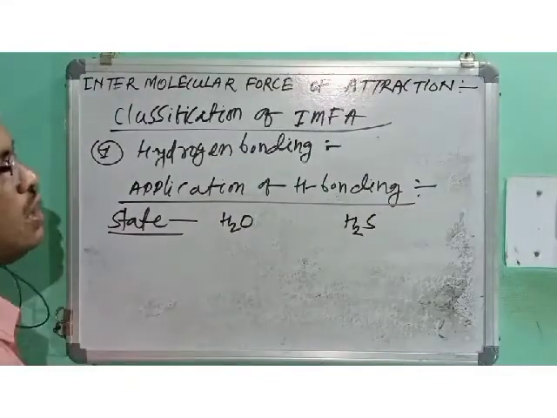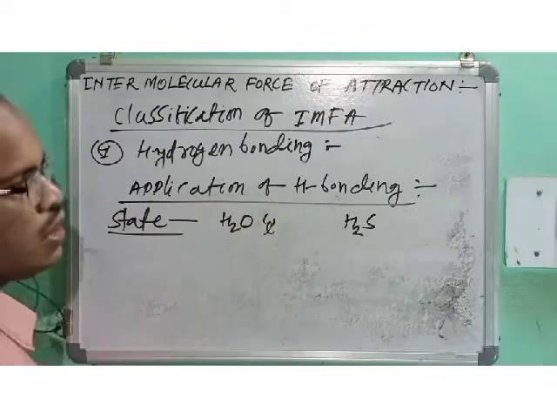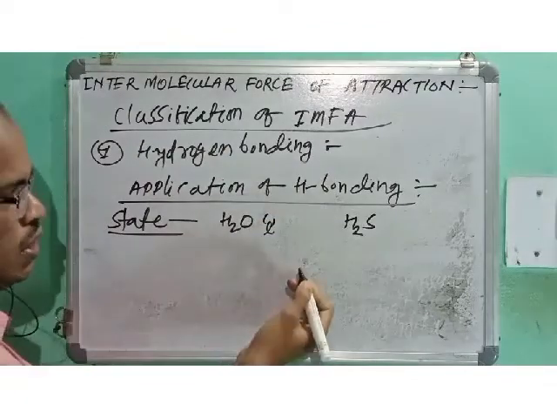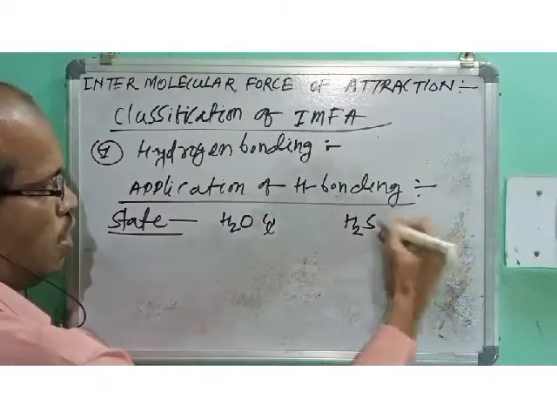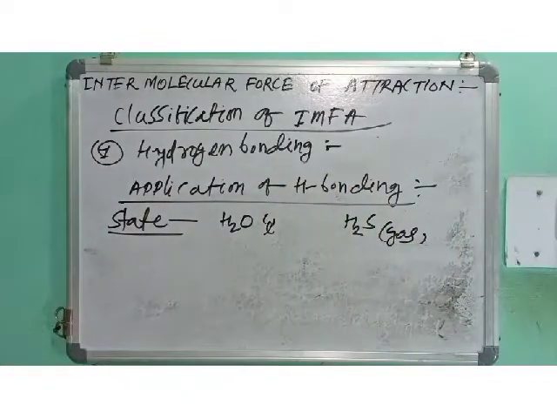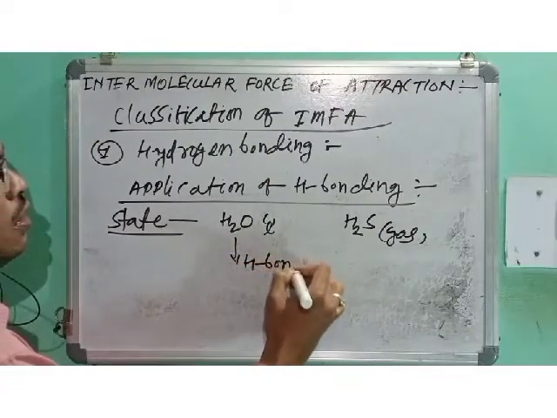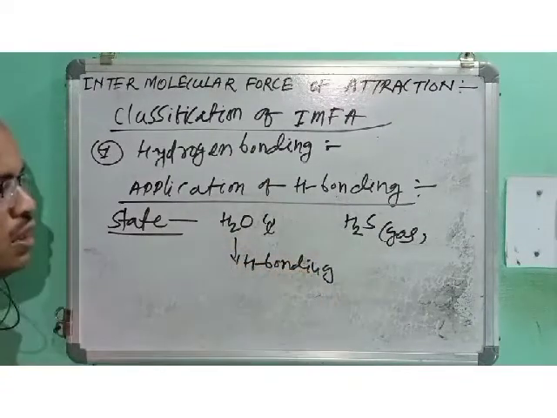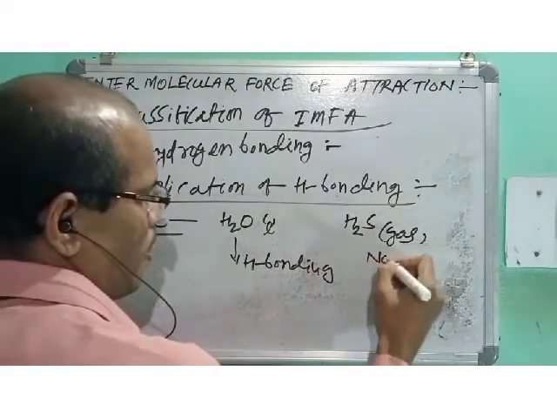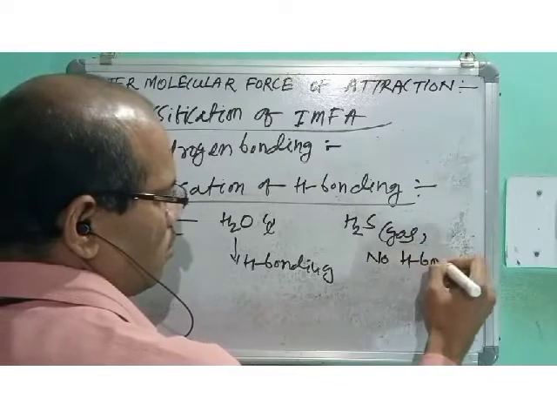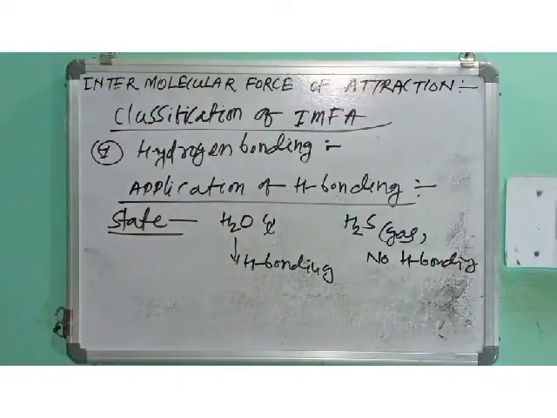So in nature at room temperature and pressure water exists in liquid state, but the same H2S is a gas. In water, hydrogen bonding occurs, but in H2S there is no hydrogen bonding, because sulfur has a large size and less electronegativity.